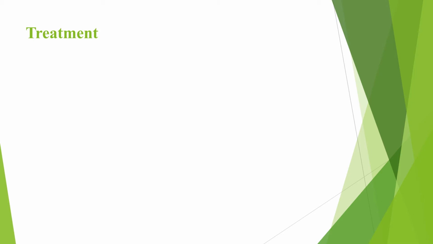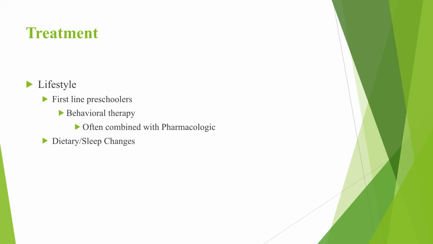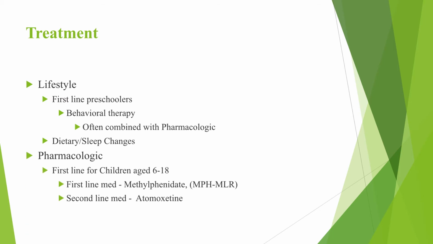Once a diagnosis is received, the first treatment is based on the patient's age. In preschoolers, you will begin with behavioral therapy, while children 6 to 18 will begin pharmacological therapy as a first line. The stimulant methylphenidate is the first choice of your pharmacological therapy, but the SNRI atomoxetine is a good second choice.